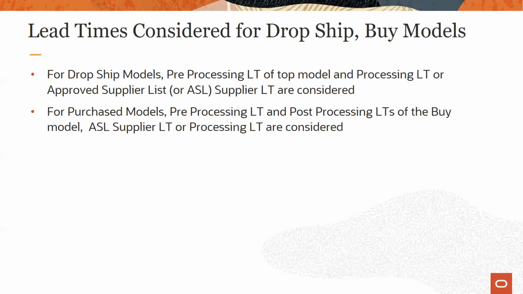And in case of ATO models which are purchased, the processing lead time defined in the receiving organization will be used. The ATO model's pre-processing lead time defined at the dropship validation org is considered for dropship flows, and the ATO model's pre-processing lead time and post-processing lead time defined at the receiving organization are considered for buy flows.